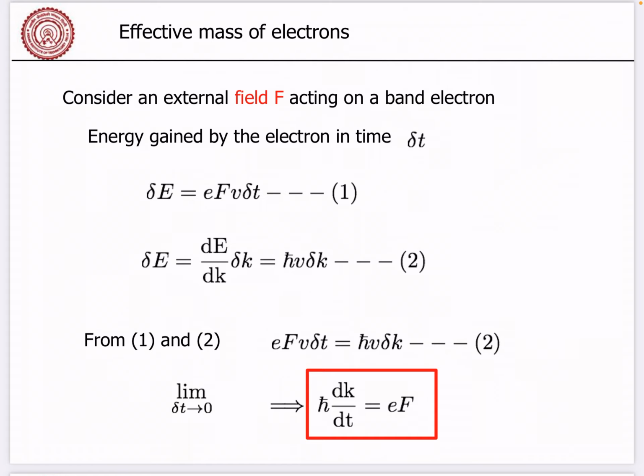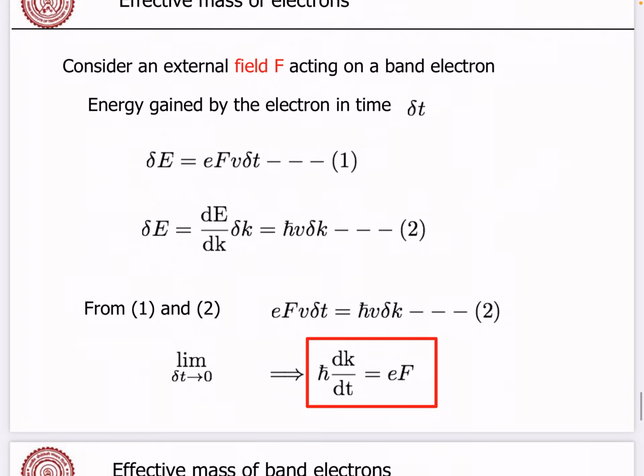Now from these two relations, within the limit of delta t tends to 0, what we find is that h-bar dk/dt will be equal to eF. You equate 1 and 2; this would be equation number 3.